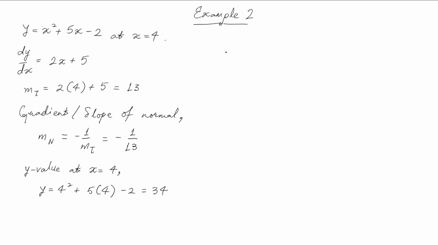Alright, now that you have mn, and you have xn and yn, it will be enough for us to find our equation of a normal line. So the equation of the normal line is going to be y minus y1 equals m x minus x1, we just simply need to change the t to n.